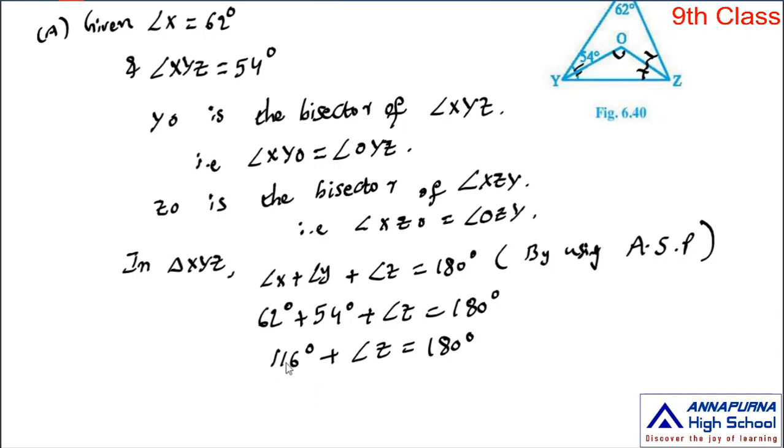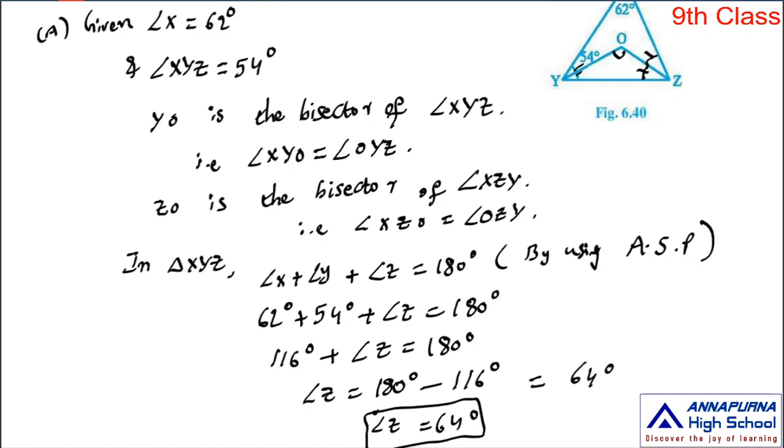Transpose 116 degrees to the right hand side. So angle Z is equal to 180 degrees minus 116 degrees, that is equal to 64 degrees. Therefore angle Z is equal to 64 degrees.